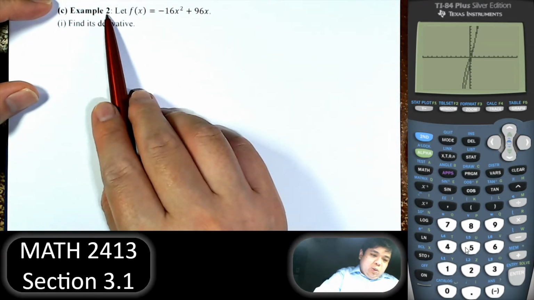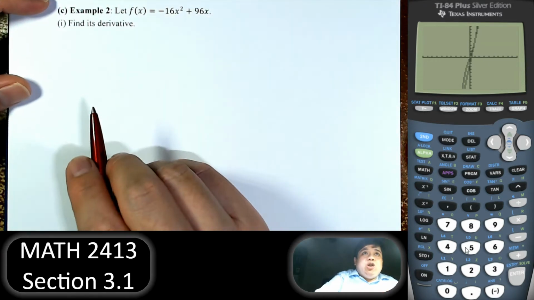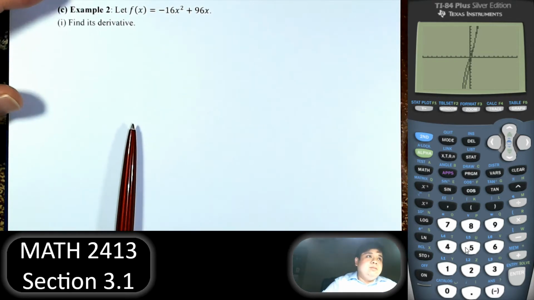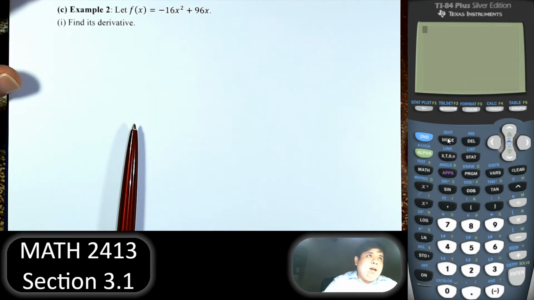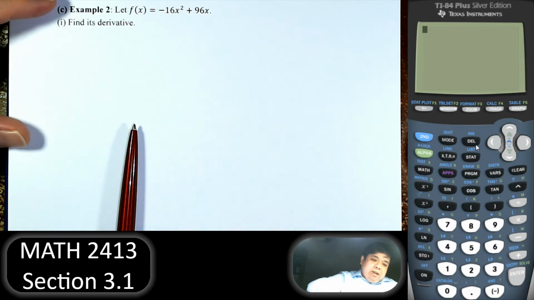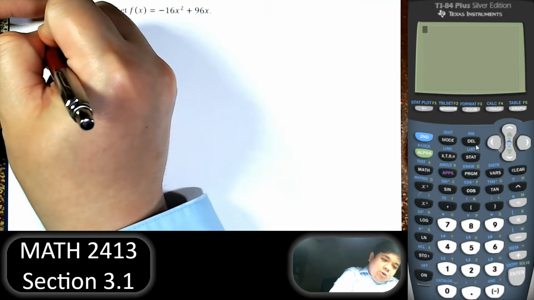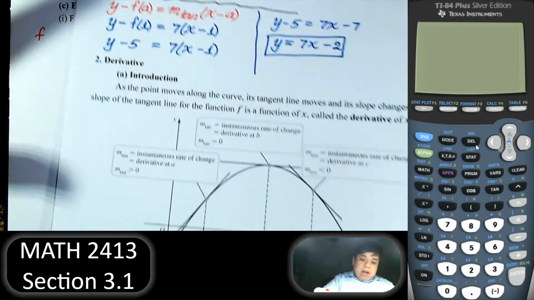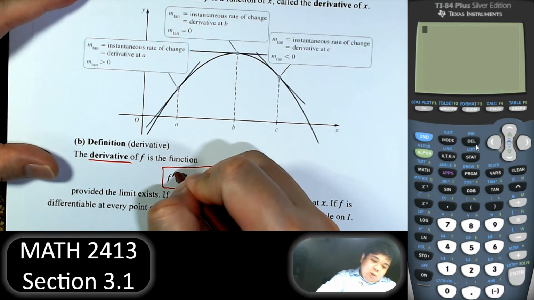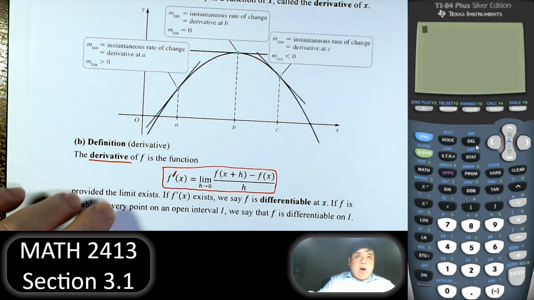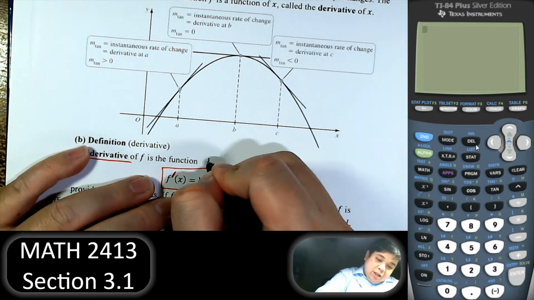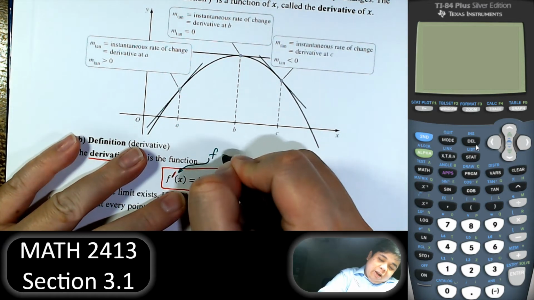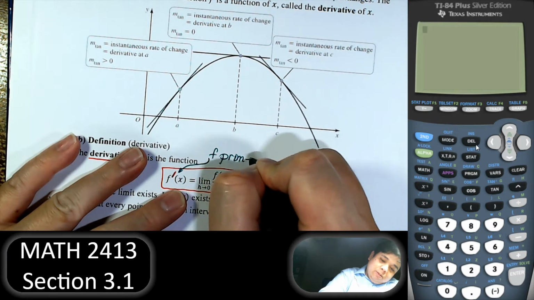So let's say we have that same function we had earlier. The question here is find the derivative. By the way, the simplest notation for the derivative is the prime sign or the apostrophe, and we say this is f prime of x.